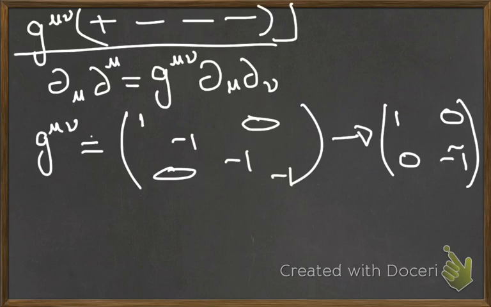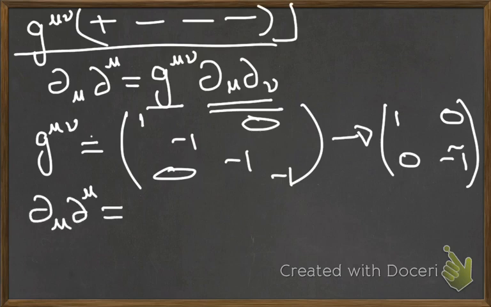In the next step, I'm going to move this g mu nu in between these two operators, and then I'm going to write that in the matrix form. So let's do that over here. So partial mu is equal to the matrix form of my partial mu, which is partial over partial t and gradient over here.